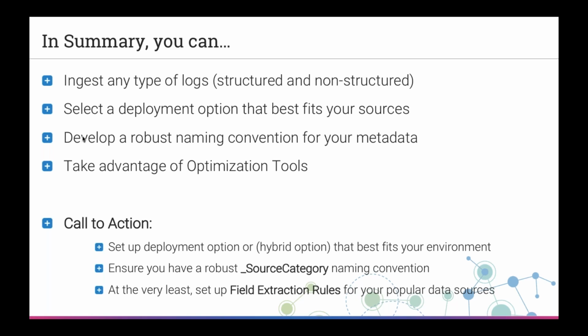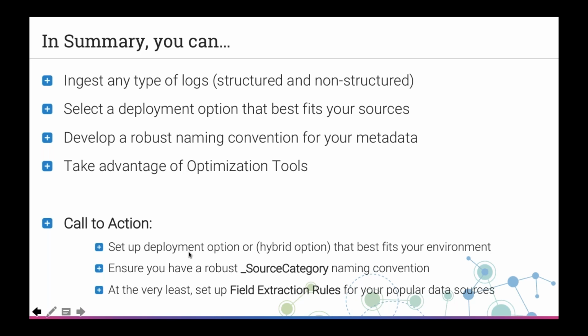The reason I say that is because the more you wait, the more your users will get used to whatever convention you already have in place. So you need to fix it soon so that you can benefit from that. And you also want to start taking advantage of optimization tools, in particular field extraction rules. So with this summary, I'm going to have a call to action. What are the things that you should be doing right away?